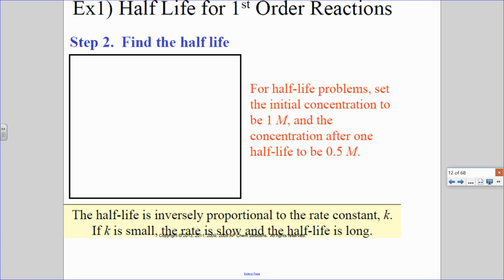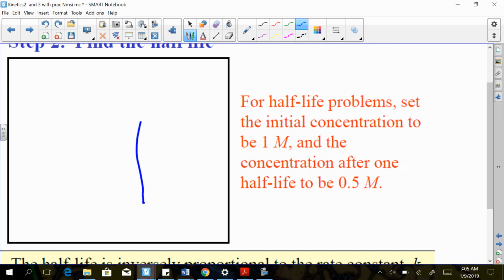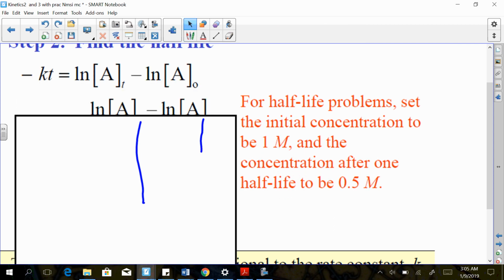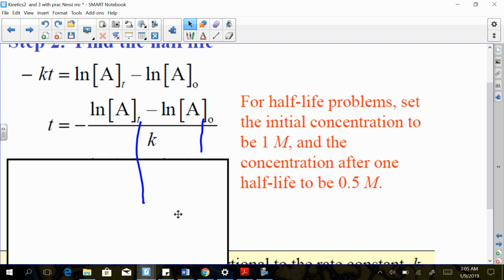Now, if you know K, you can take this equation, or you could rearrange it to the half-life equation at the bottom.